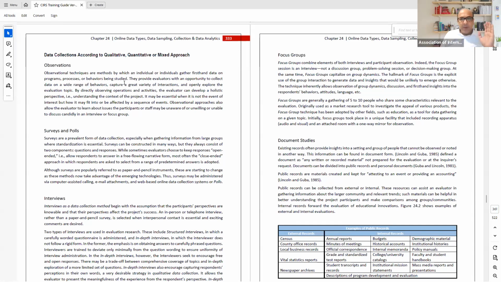So observations sometimes have this, unless you're doing something called ethnography, or what we call longitudinal studies. That is another philosophy or methodology, which makes the researcher become part of that environment.